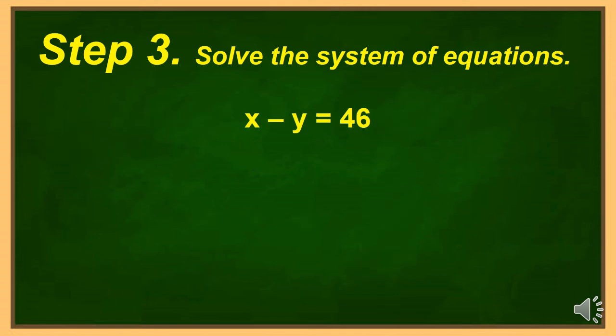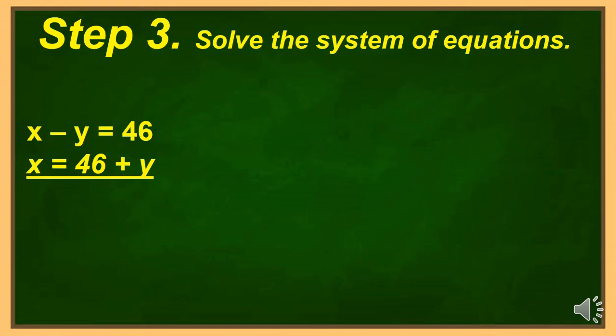So for x minus y equals 46, we will solve for x. So therefore, x should be left alone on the left side of the equality sign. Therefore, minus y will be transposed to the right side of the equality sign, and the equation now becomes x equals 46 plus y.